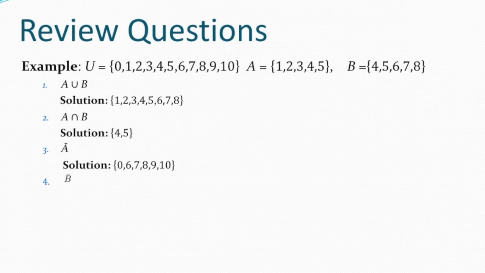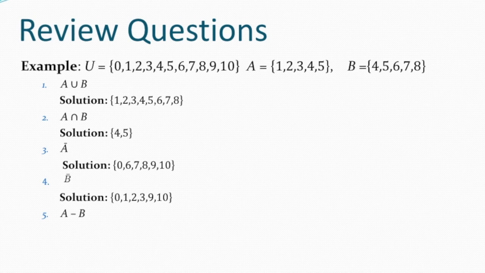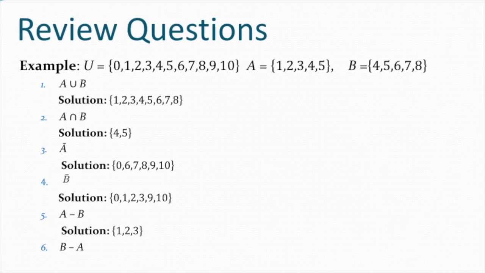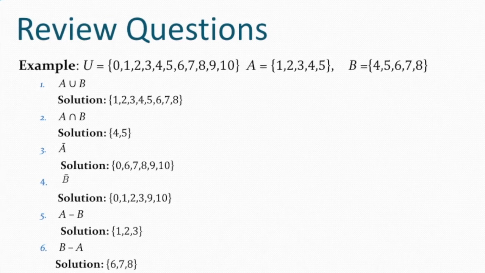Same for the complement of B, which is 0, 1, 2, 3, 9, and 10, because these exist in U but not in B. The difference A minus B is 1, 2, 3, and B minus A is 6, 7, 8.